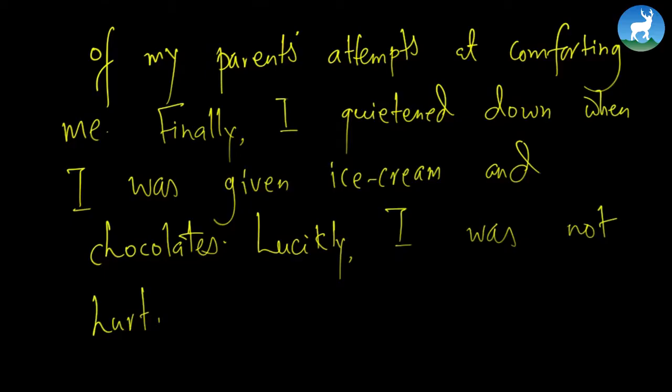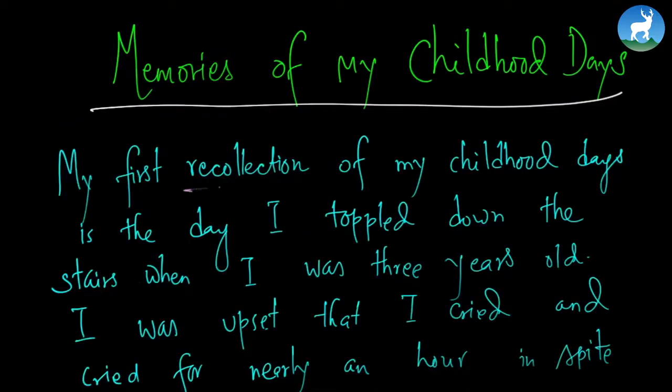Let's go back and study this. All right, my first recollection. You see, I've used the word recollection. That means you are recounting something, you're going back, you're being nostalgic. You're back in time. So my first recollection of my childhood days is the day I fell down the stairs when I was 3 years old.